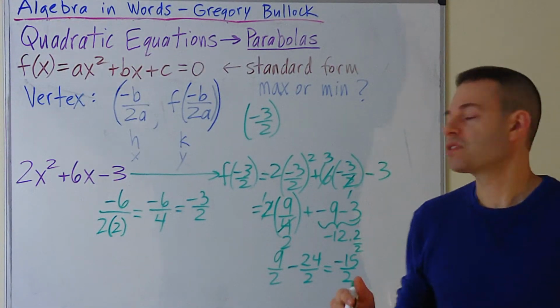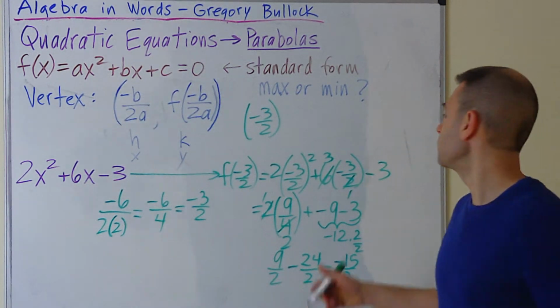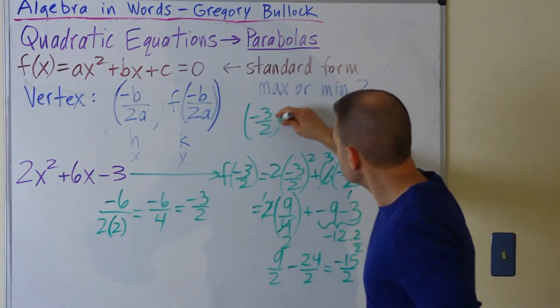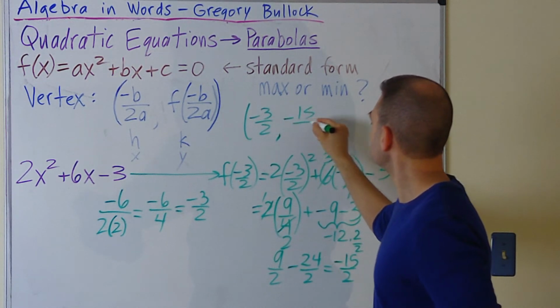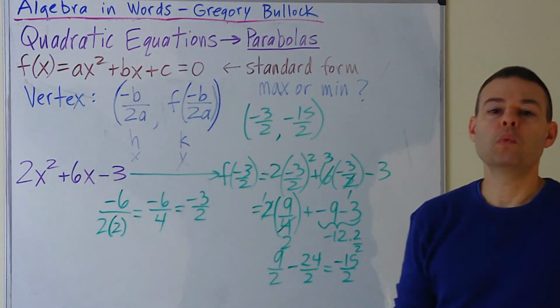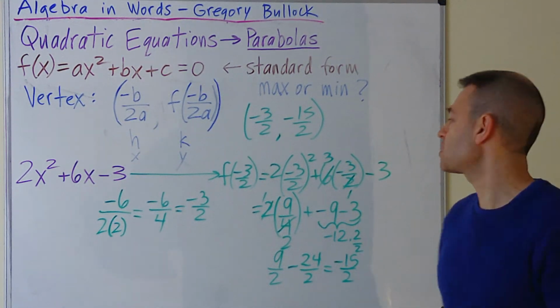And this would represent our k value, or our y value. If you wanted to convert them into decimals, that would be okay, but for now, let's leave them as fractions.